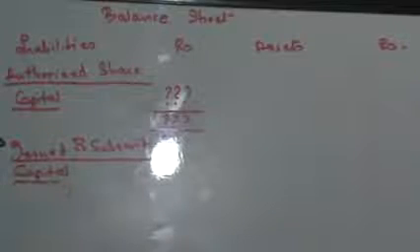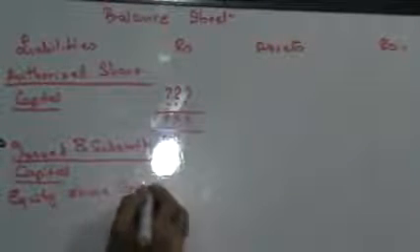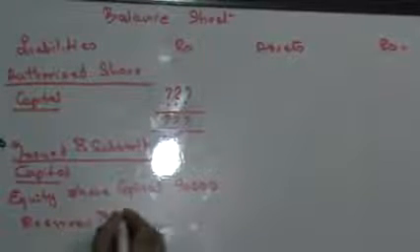In that, you will first of all have equity share capital. Equity share capital is going to be 90,000. Then you have reserves and surplus.